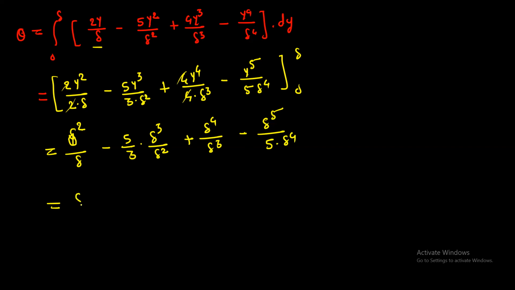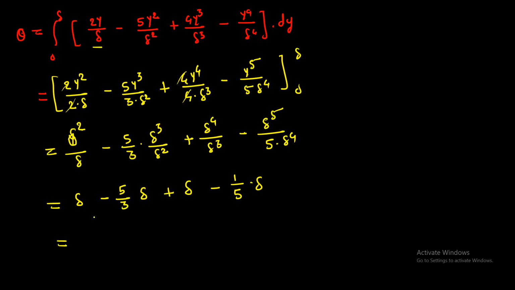So this is equal to delta square upon delta, which is delta, minus 5 by 3 delta, plus delta, minus 1 upon 5 into delta.